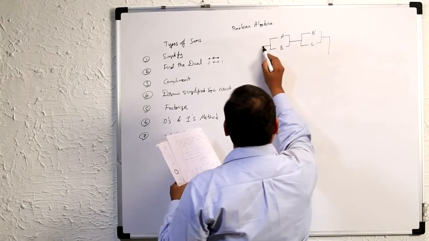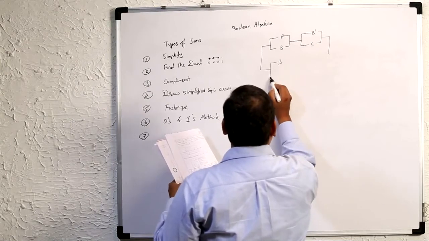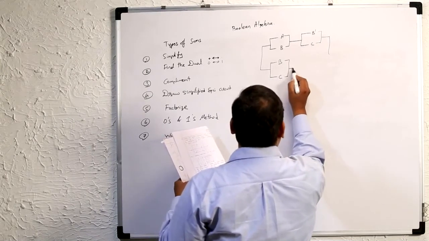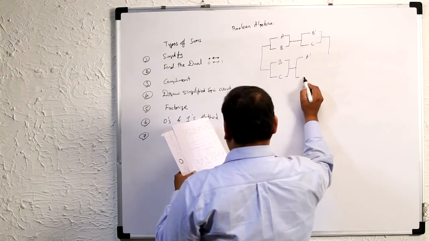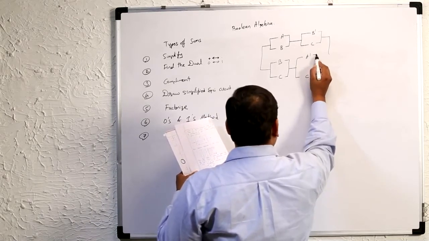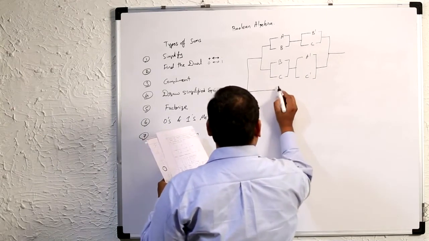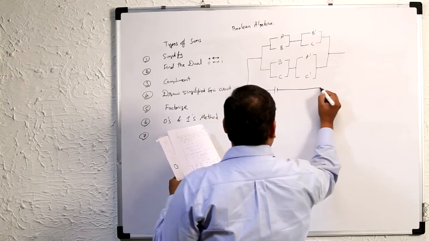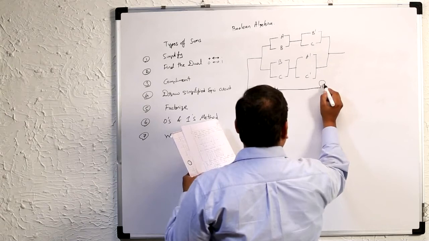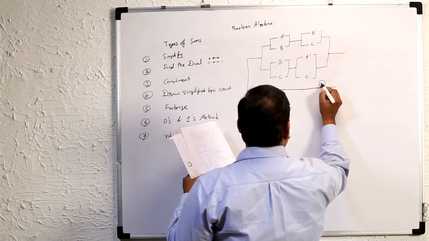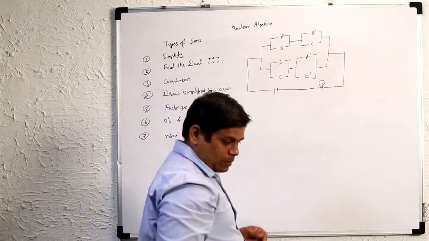The whole thing is connected in parallel with the parallel of BC, which is eventually connected in series with A dash, C dash. Then there is going to be the load here, or bulb, whichever they want. You may not light it, it's okay.